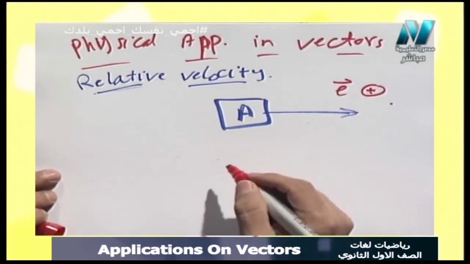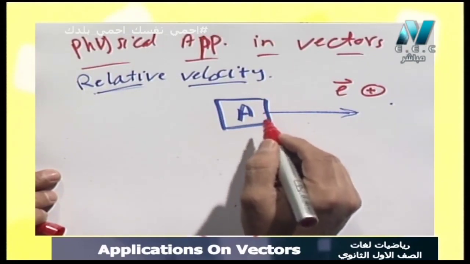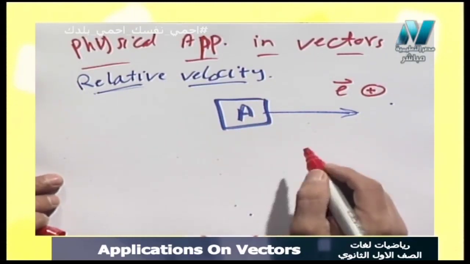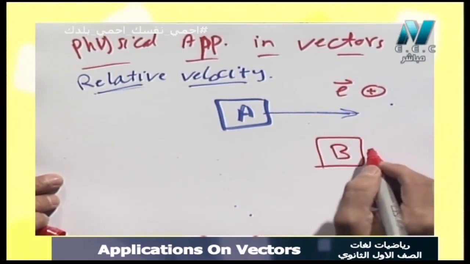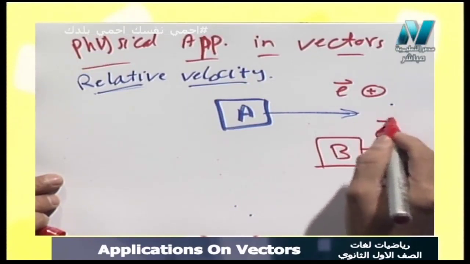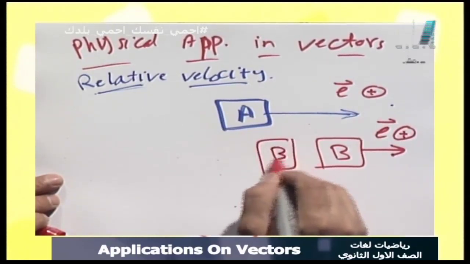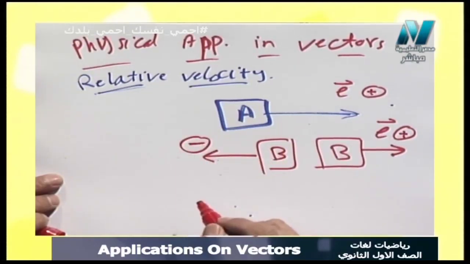Imagine yourself sitting here in the car, even if you are the driver or you sit beside the driver, and you see another car here, B, maybe in the same direction, taking the same E as its positive direction, or in the opposite direction, and this will be given as a negative value of E.